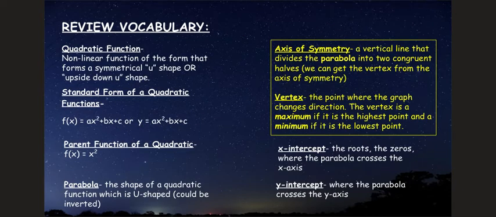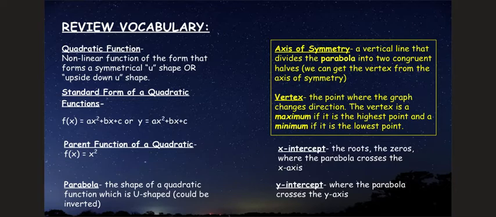All right, so we're going to look at vocabulary on this slide, and some of this we've already dealt with, so this is a review. You should already know what a quadratic function is. It's nonlinear, and it forms a symmetrical U shape or an upside down U shape.